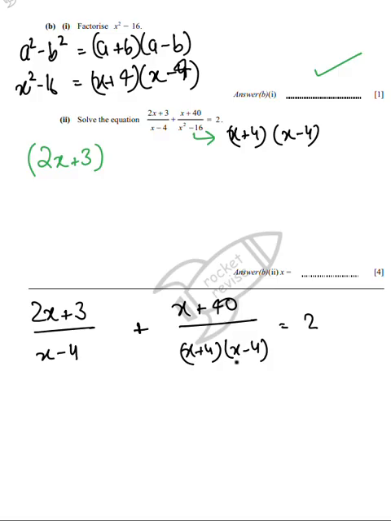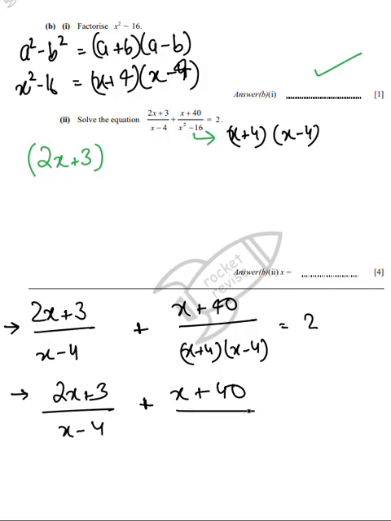Or I can simply do one more thing. This is one method. The other method is (2x + 3)/(x - 4) + (x + 40)/(x + 4) here, and I'll shift x squared minus 16 to the other side of the equation.